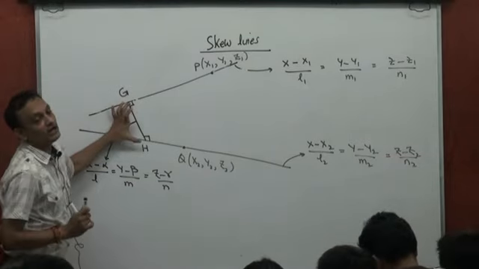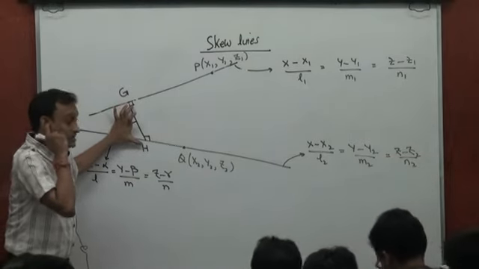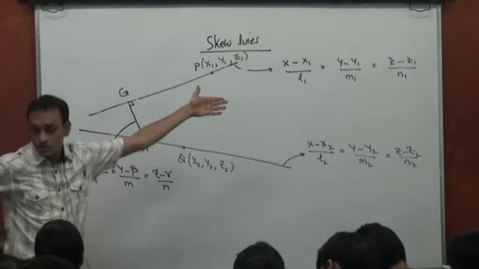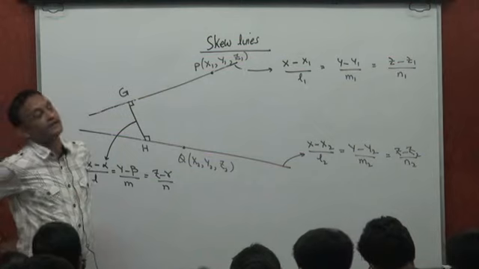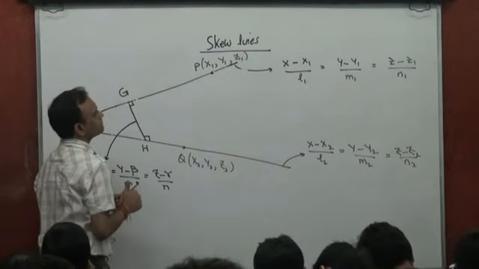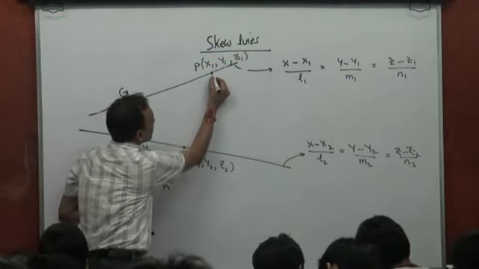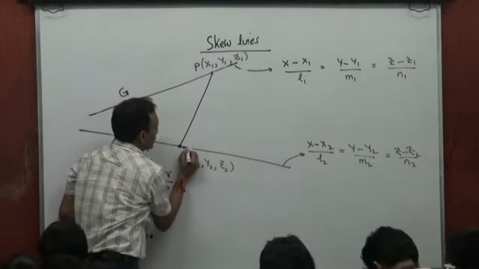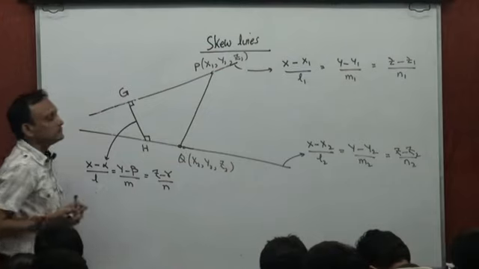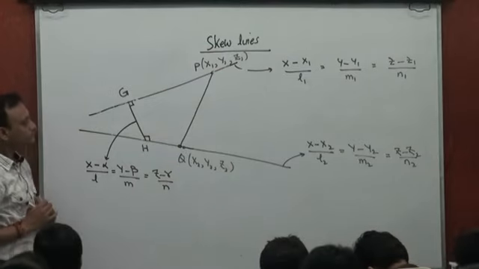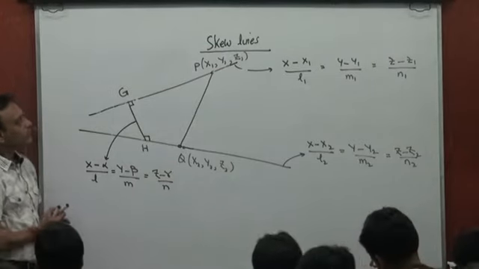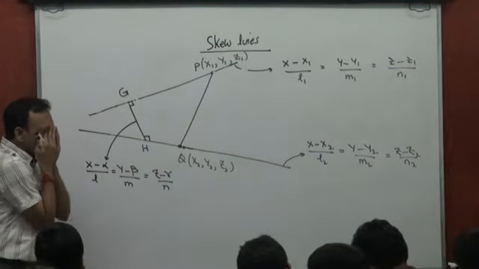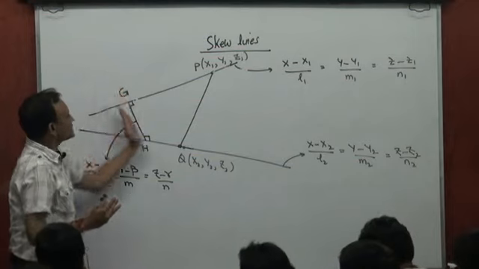I want to be able to find this length, the segment of shortest distance between the two lines. Now, do you realize GH has a certain direction?